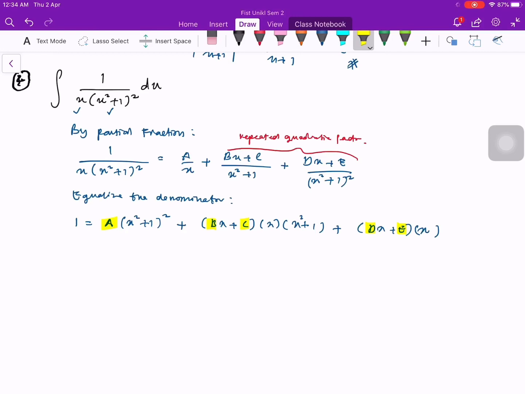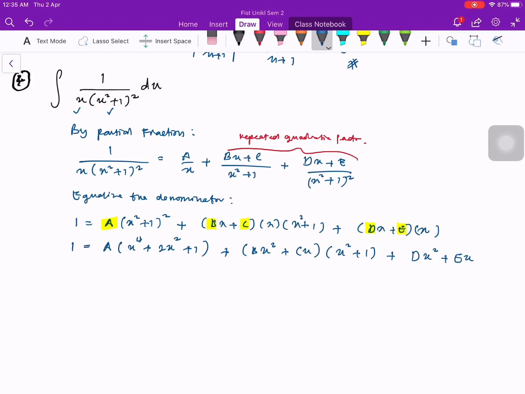So in this case saya akan gunakan kaedah comparison. So before we start with comparison, of course we're going to expand all of this dan kita akan susunkan dia. So let me expand this first. So yang ini saya akan dapat x to the power of 4 plus 2x squared plus 1, plus now this one I'm going to have Bx squared plus Cx times x squared plus 1, then plus this one become Dx squared plus Ex.